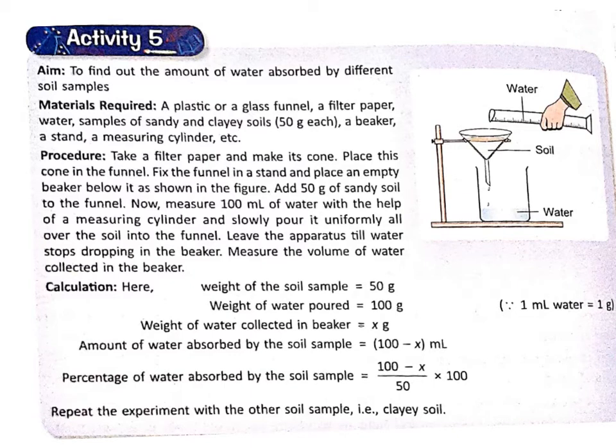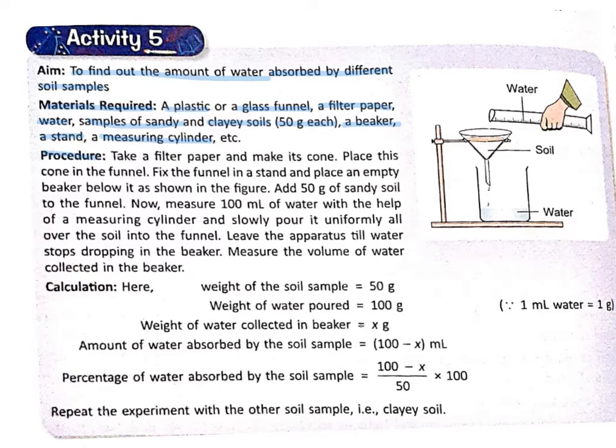Aim: to find out the amount of water absorbed by different soil samples. Materials required: a plastic or glass funnel, a filter paper, water, samples of sandy and clay soils, 50 gram each, a beaker, a stand, a measuring cylinder, etc.